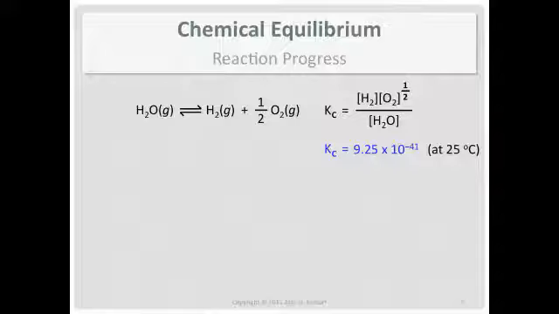Now, I know you can look at it which one's smaller, but I have a reason for approaching it this way. For a really, really small number, that means the denominator is much bigger than the numerator. And the denominator corresponds to the reactants.